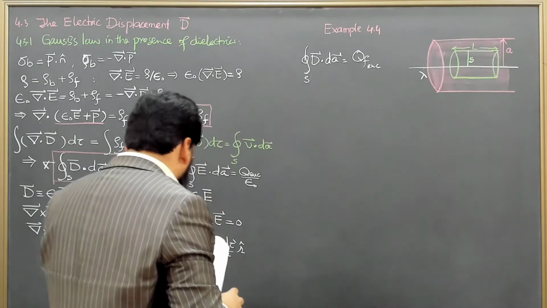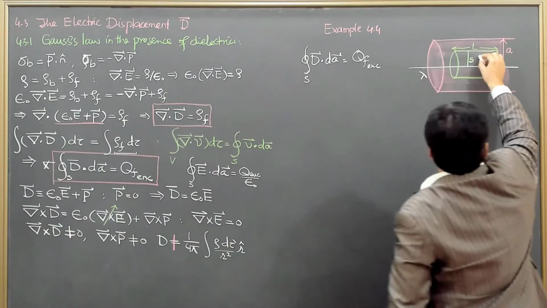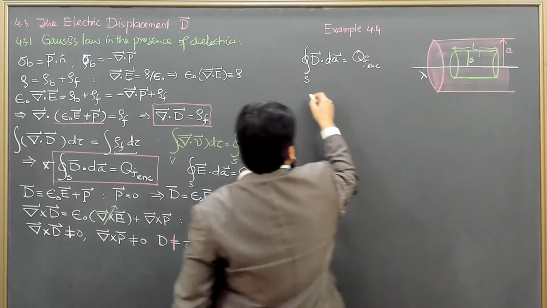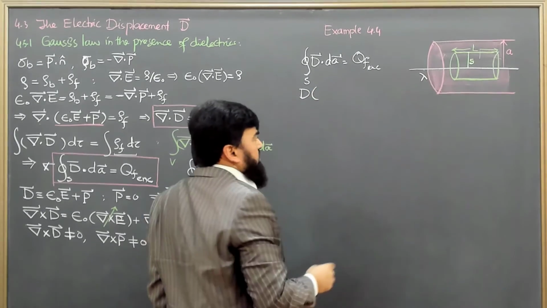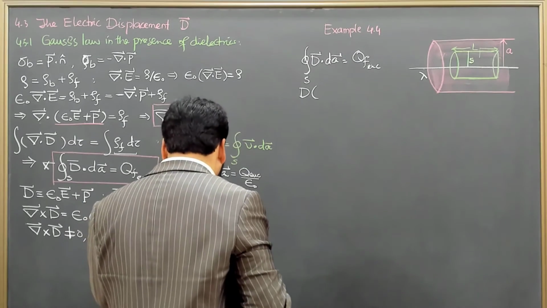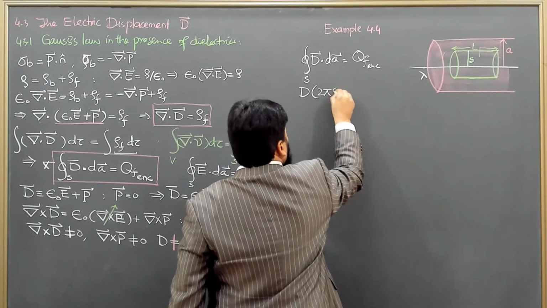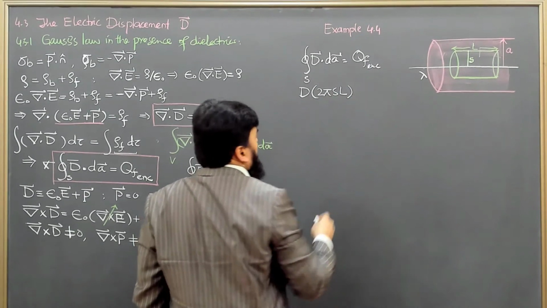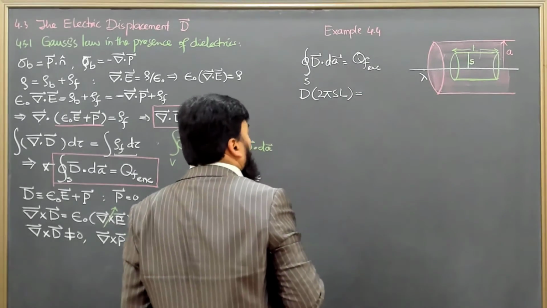D will be constant all over this shape, so it will be just D times the area, the cylinder area 2 pi sL, and this will be equal to the free charge enclosed.